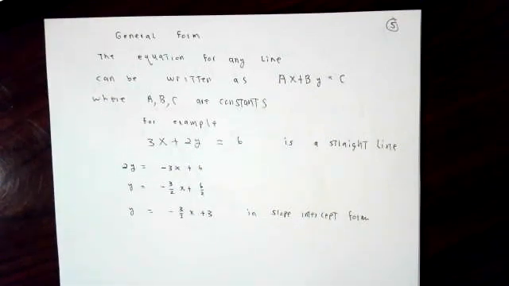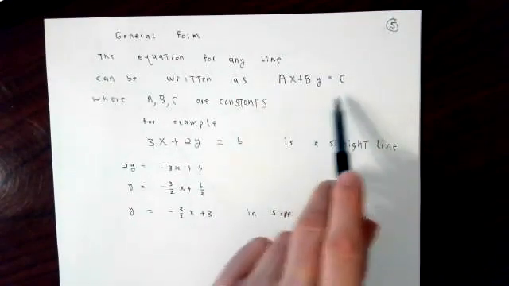Divide through by 2, y is negative 3/2 x plus 6 over 2, which is y equals negative 3/2 x plus 3, which is the equation for a straight line with y-intercept at 3 and slope equal to negative 3/2. So really, this is just another format that you can write these kinds of equations in.